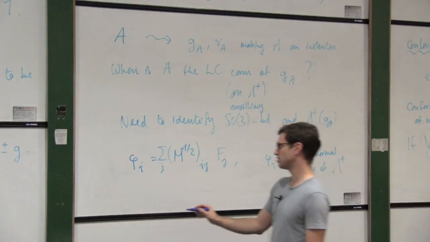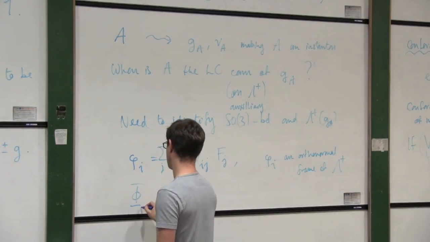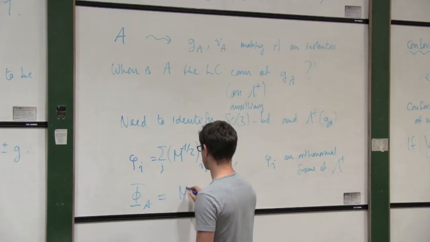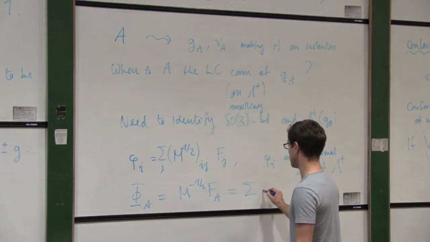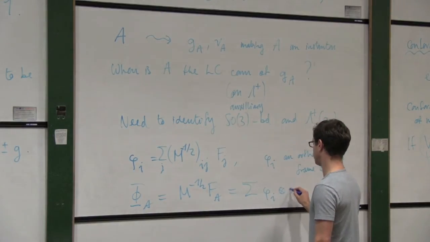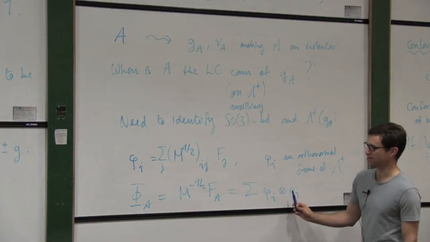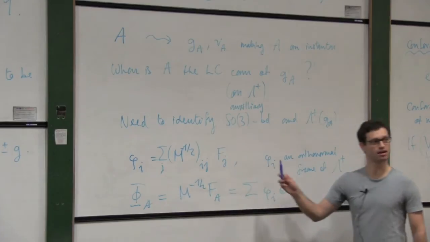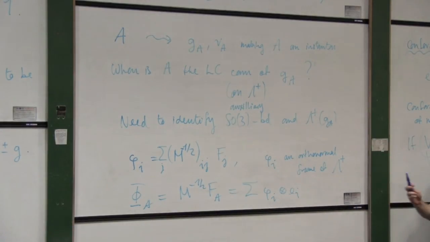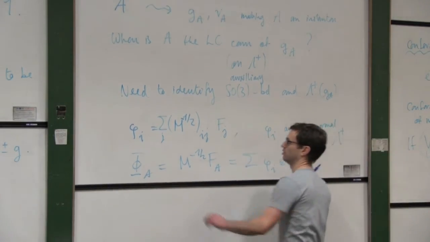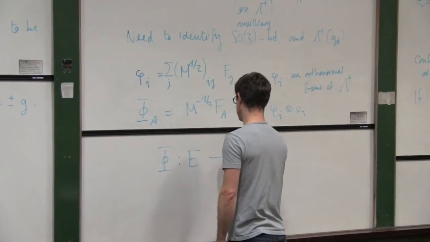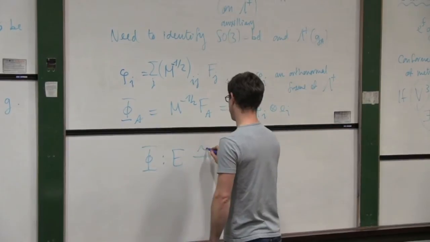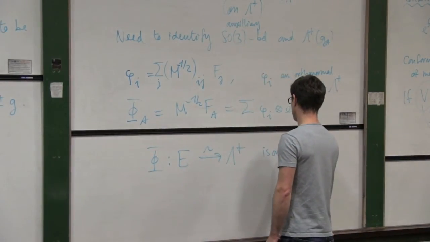Okay? And so now I can write down this guy, phi a, which is just this m to the minus a half of f a, which is just this sum, locally it's summation phi I ei. I can think of this capital phi as being an isometric identification of E and lambda plus. So it takes elements of E, gives me elements in lambda plus, and it's an isometry.